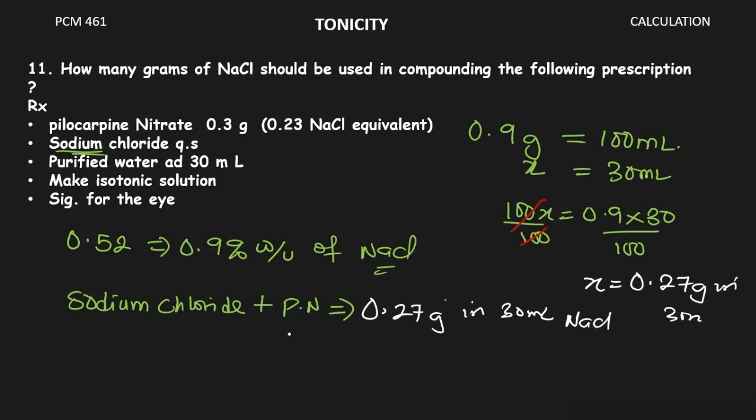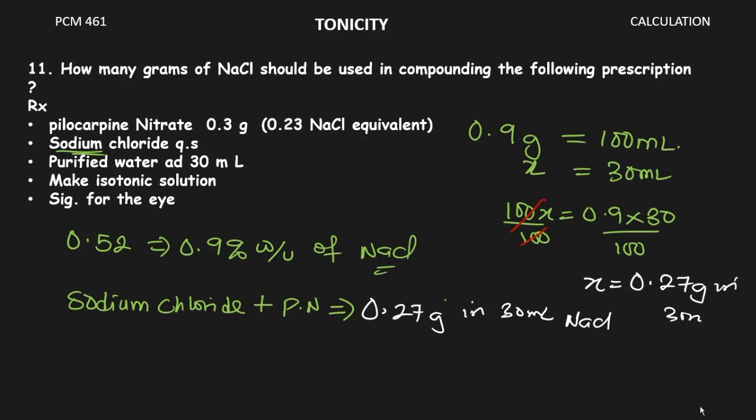So we should convert this pilocarpine to sodium chloride. How do we convert it from what we did initially? We say the gram equivalent of pilocarpine in sodium chloride will be the mass of sodium chloride factor times the molecular mass of pilocarpine divided by the factor.